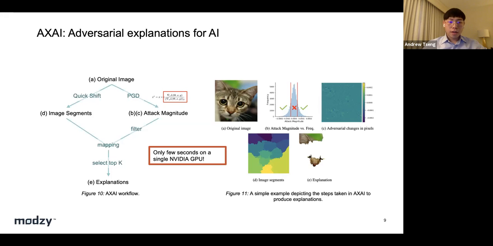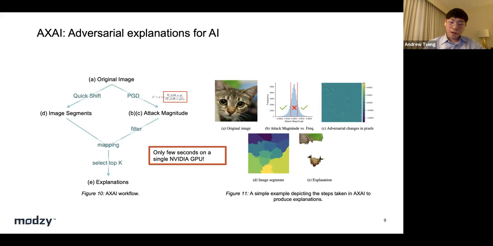Then we count the frequencies of the attacks on each image segment. It will be much clearer when we go through figure 11. After the mapping, we simply pick the segments with the top frequencies of attacks, and we use those as explanations.